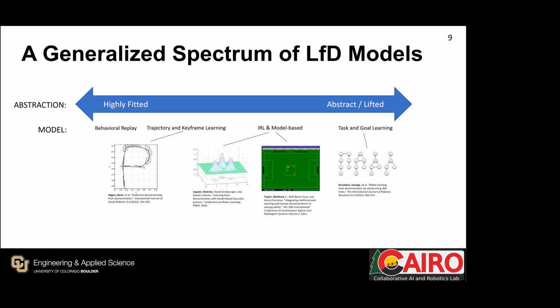But at the opposite end, you are in the realm of task-level or goal-level learning or hierarchical learning. Many of these learning from demonstration models have a mixture of both. They encompass some low-level trajectory production and ideally some higher-level representation that allows these models to generalize.